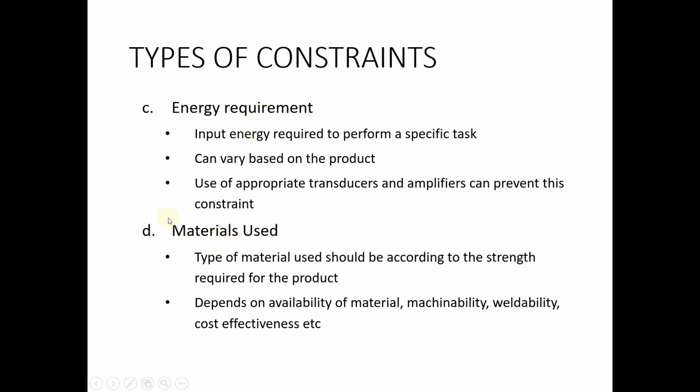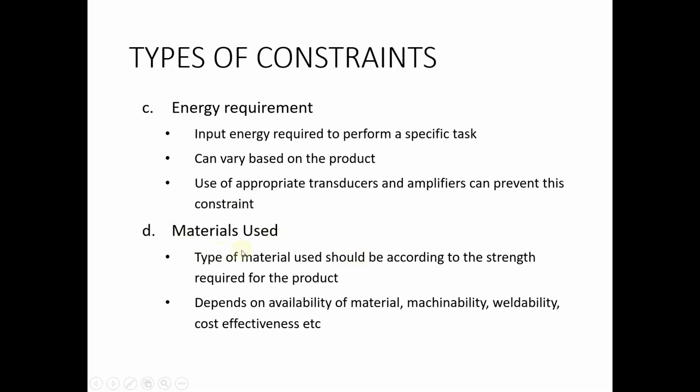Then what are the materials used? Materials used again depend on the strength and quality of the final product. It can be either a high quality material or a medium quality or a low quality material, and accordingly such type of materials should be used for building that product.